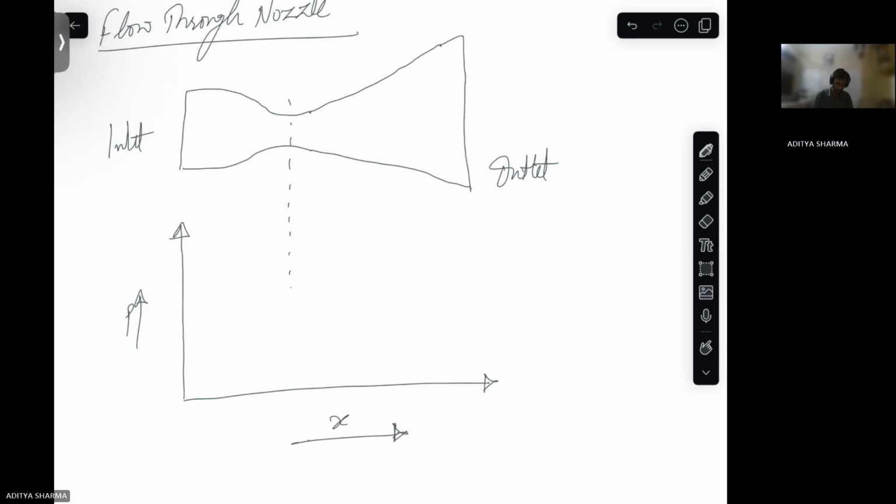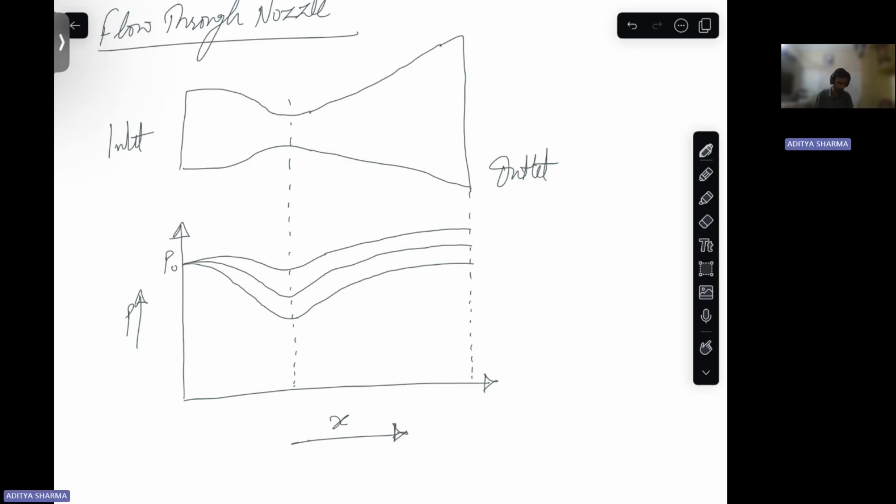This is that distance. So this is your reservoir pressure or stagnation pressure.